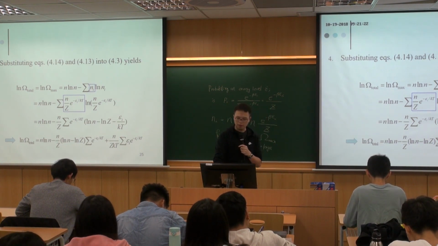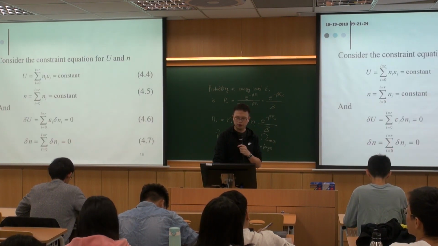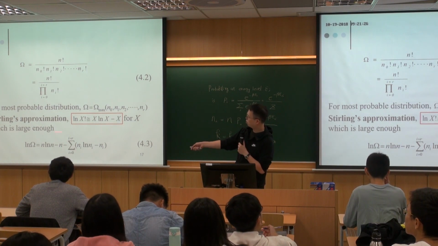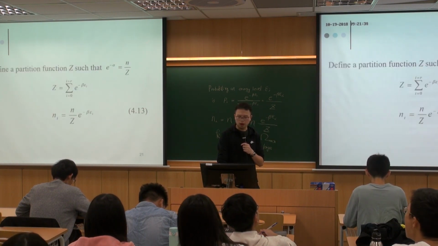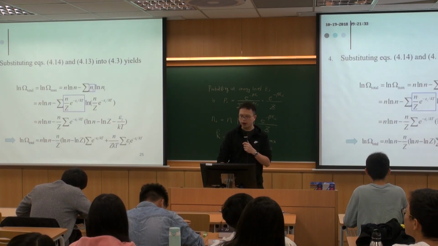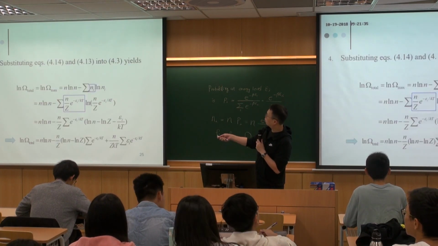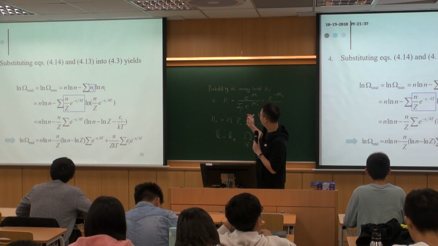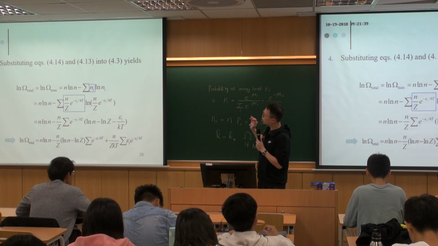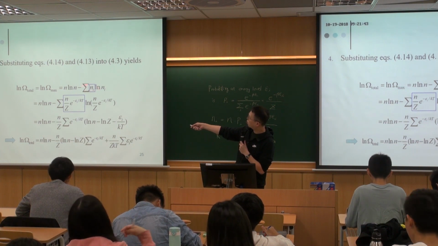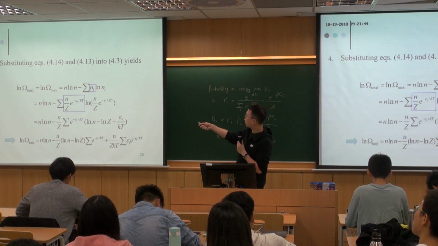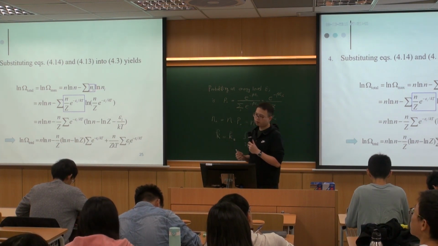And if you don't remember, it is over here. And if we have that, and if we have the definition of this partition function, we can rewrite, because we already derived the explicit form of ni. So we can plug this back in.